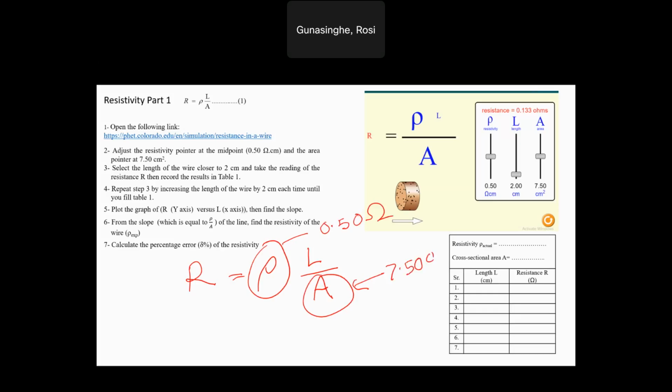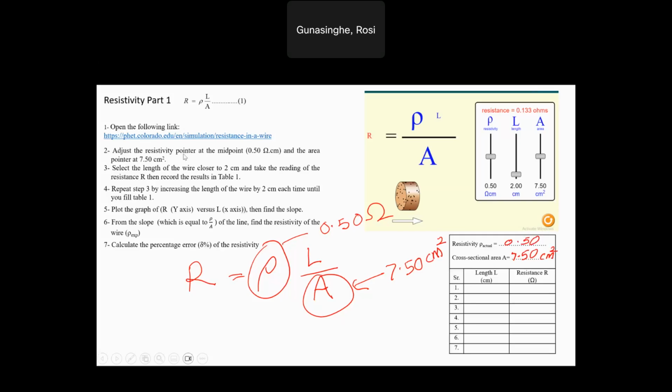If you cannot get exactly 7.50, whatever is closer to 7.50, make sure to record it in here. Let's say for ours 7.50 square centimeters and resistivity is 0.50. Make sure to record it in your table.